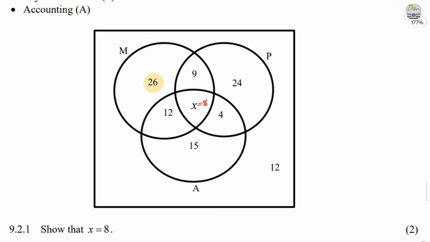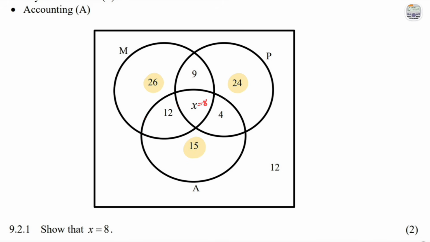When you look at 26, do you see how it's not included in any of the intersections? It's only in mathematics. This means that these 26 learners only do mathematics. Okay, likewise, the 24 learners only do physics, and then the 15 learners do accounting only.